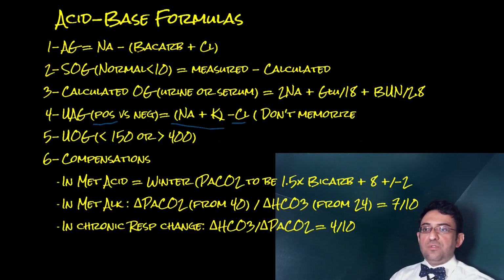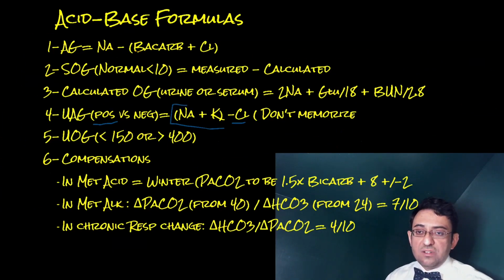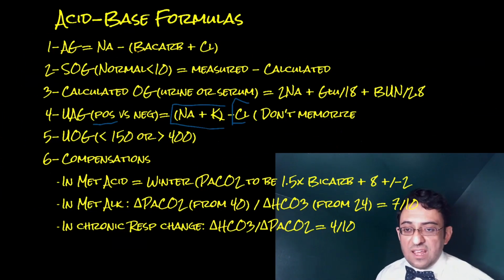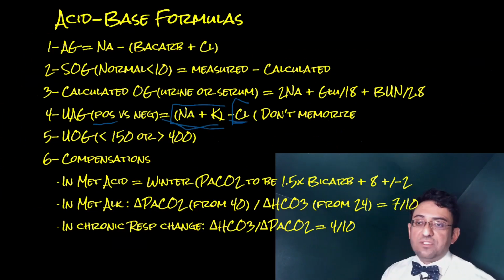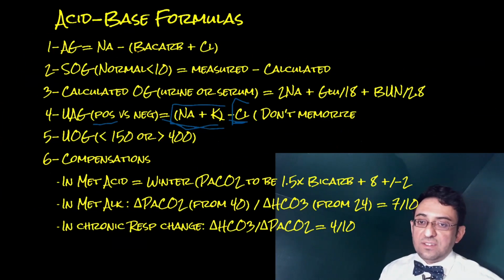What if the urinary anion gap value is negative? It means unmeasured anions minus unmeasured cations is negative. It's the same as saying measured cations minus measured anions is negative. And it is as if saying that there are a lot of unmeasured cations in the urine.